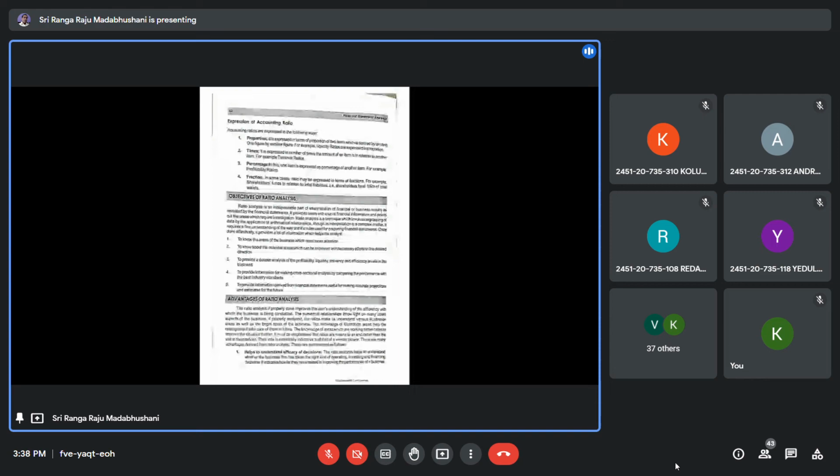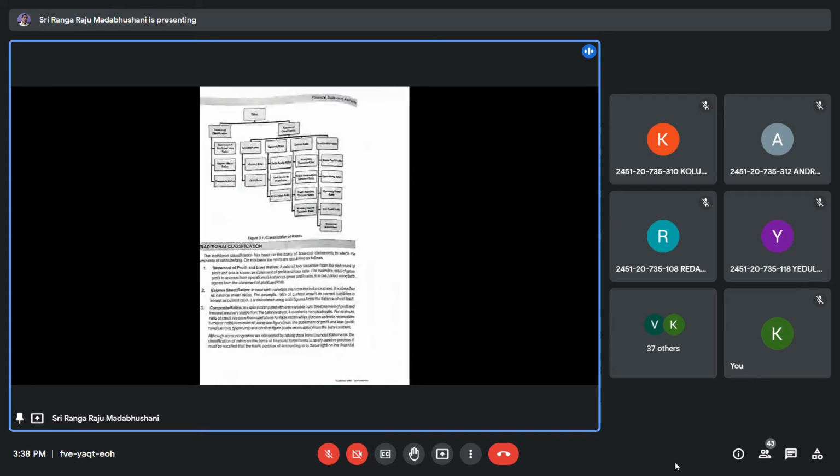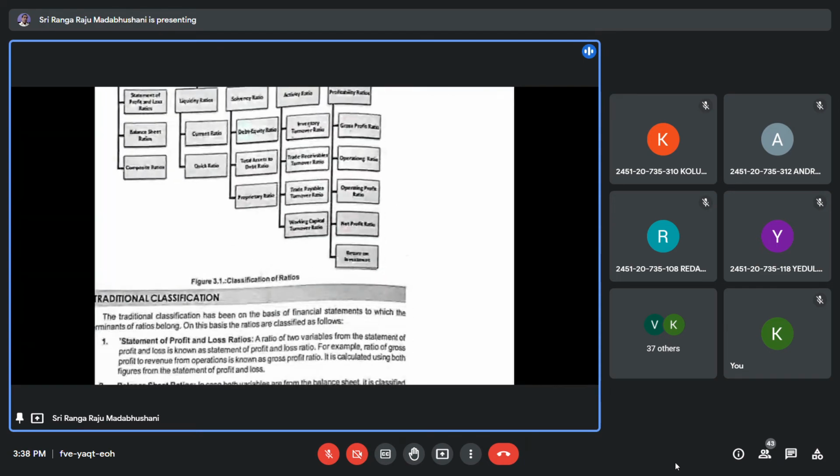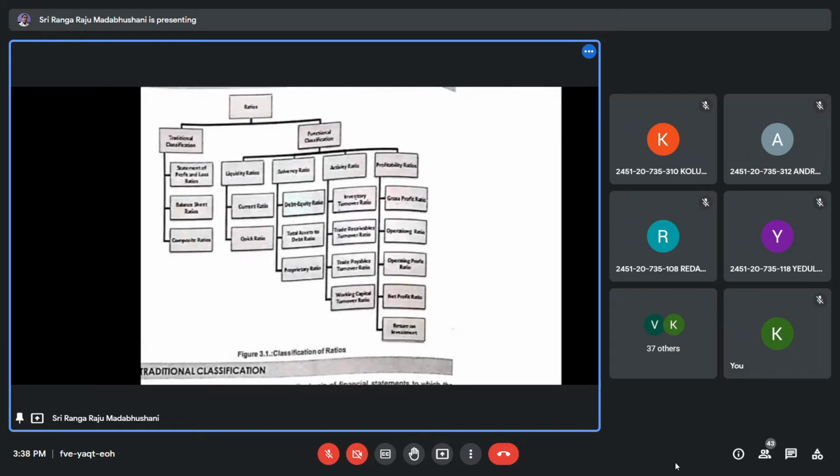So the next unit, the fifth unit, is ratio analysis. It is a continuation of the second unit, which is the result of the financial year end. Now you have to interpret the result: why, how, and then what to do for the future course of action.